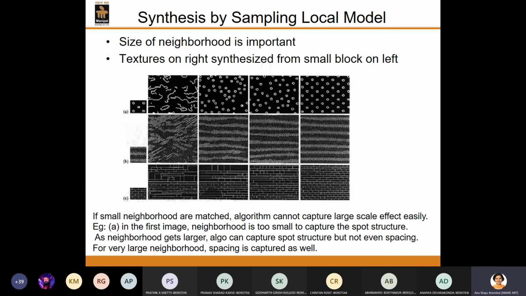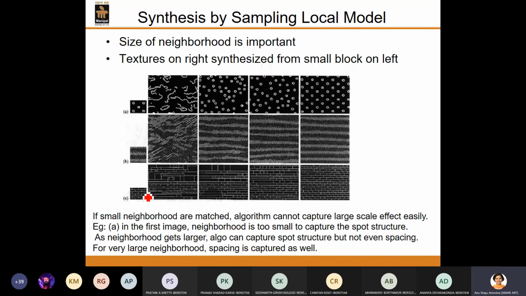And in this slide, what we see is some other examples. This example has been discussed in the previous slide. These are other examples where you have this as the input or example image, and if you consider a very small neighborhood, we see that this regular pattern has not been captured, and as the size of the neighborhood increases, you see that a better pattern is obtained.